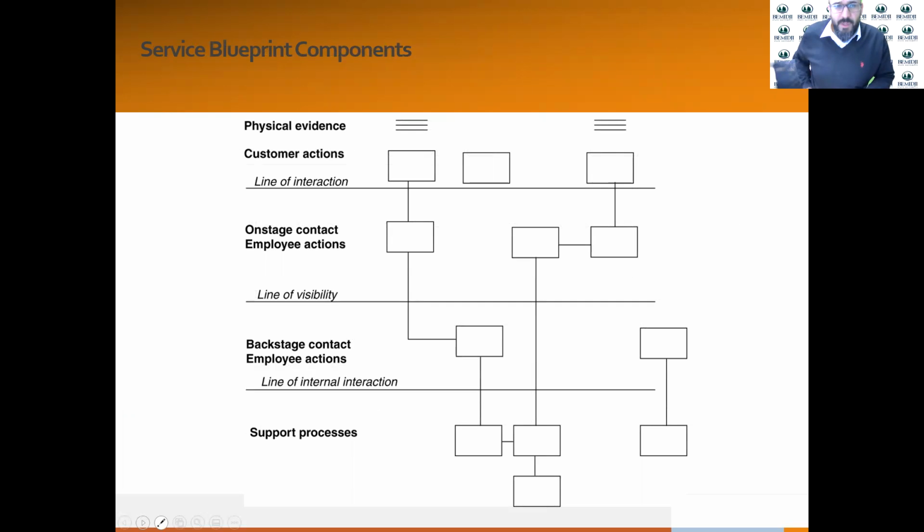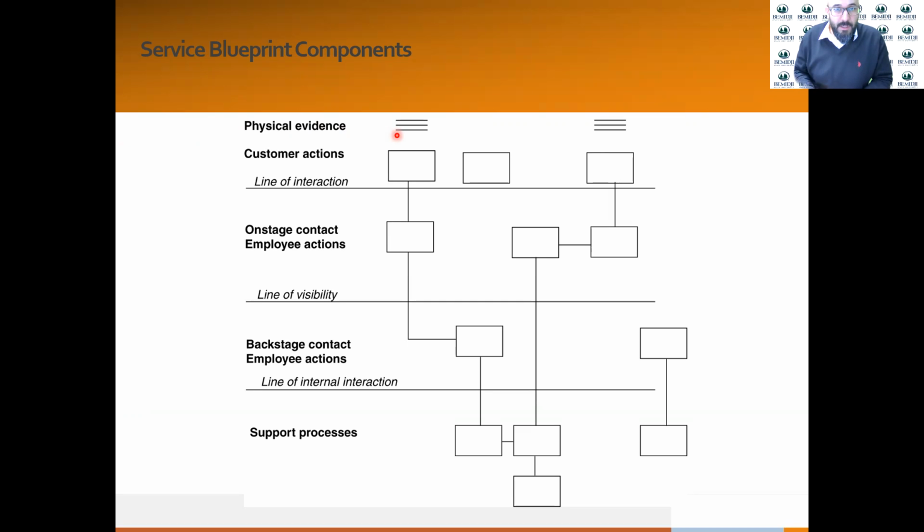All right, going to the blueprint here. What is the blueprint? As I mentioned, it's a map. So this is the map that we're talking about. You want to create a map for your process, showing each activity in this map. These are the components: physical evidence, which are things that the customer will be able to see and touch.